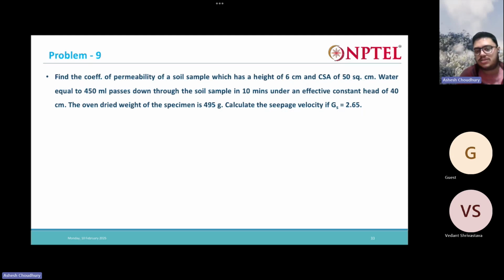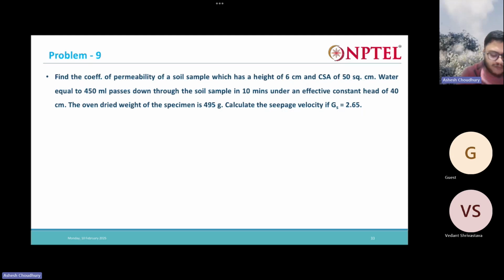Calculate the seepage velocity if the Gs, the specific gravity of soil solids, is 2.65. So we need to find out the seepage velocity vs that we discussed earlier in today's session. Obviously first you need to calculate the discharge velocity v. After that you need to calculate n, the porosity, and v divided by n will give you the vs, the seepage velocity.